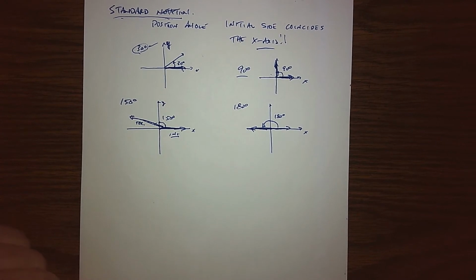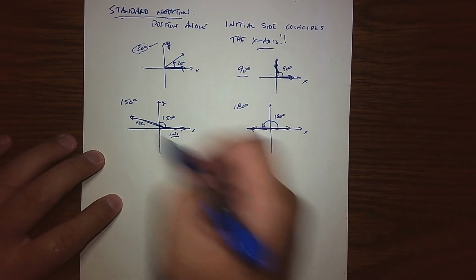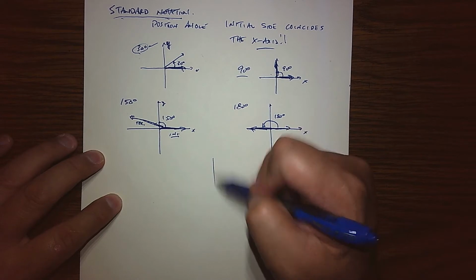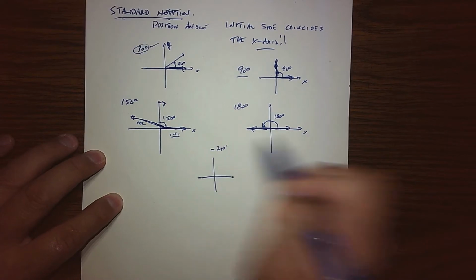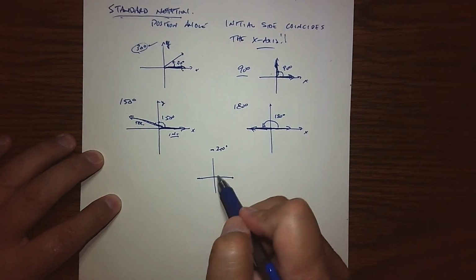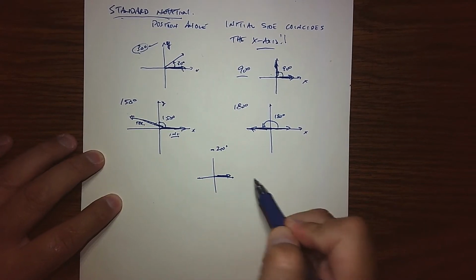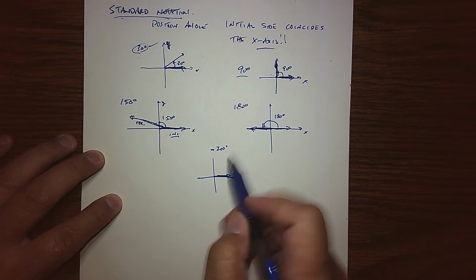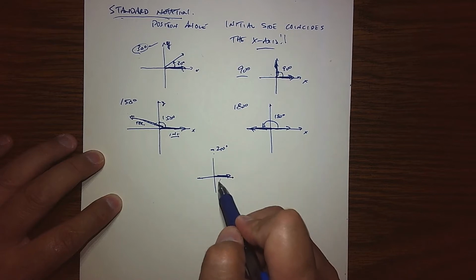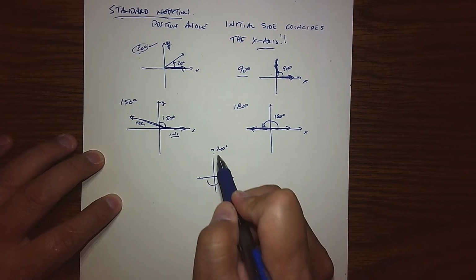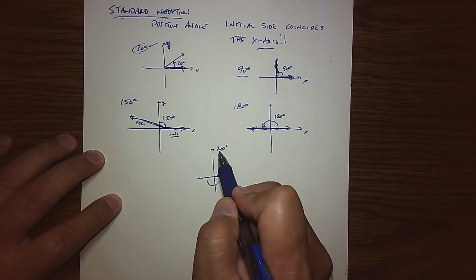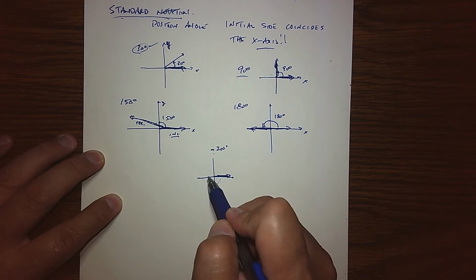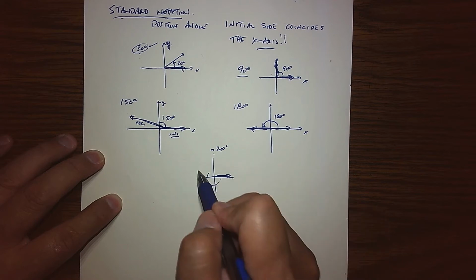Of course, right now I've rotated positively. If we were to rotate negatively, let's say I wanted to go negative 210 degrees, that means I would start on the positive x-axis. It's negative, so my rotation goes this way. It's larger than 180, so I'm going to go past half a rotation, and doing a quick subtraction, there's about 30 degrees past that.